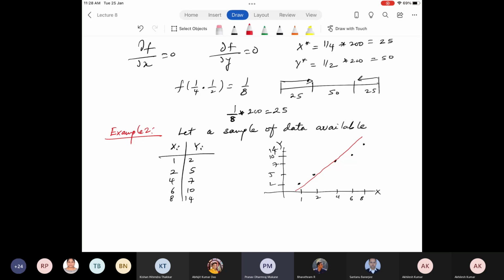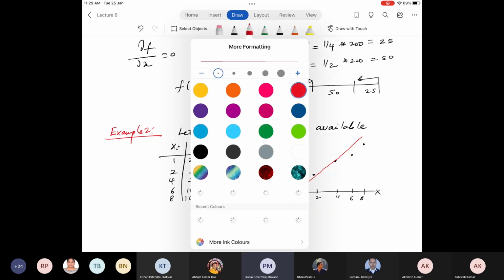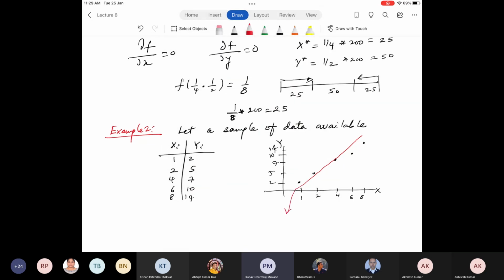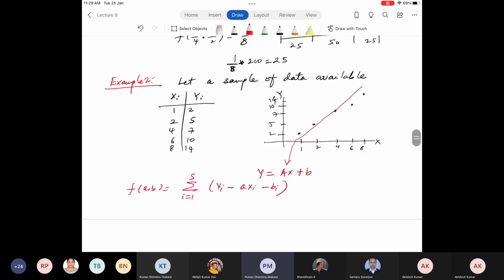That means if I define this line equation to be y equals ax plus b, then f of a comma b is summation i equals 1 to 5 of (yi minus axi minus b) whole square. So I want to minimize this f of a, b.